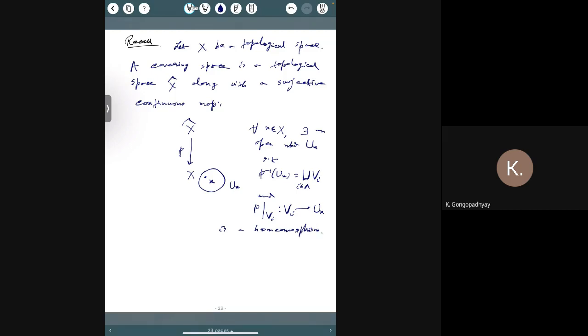So corresponding to this, you have several homeomorphic pre-images of this neighborhood Ux. This is a covering space.